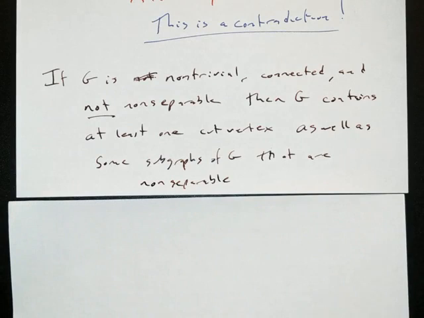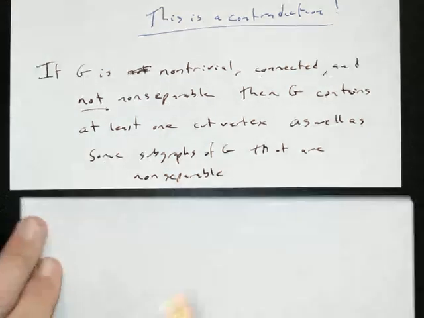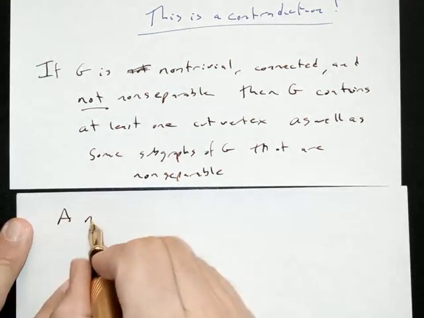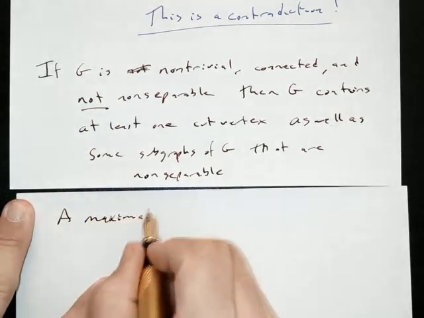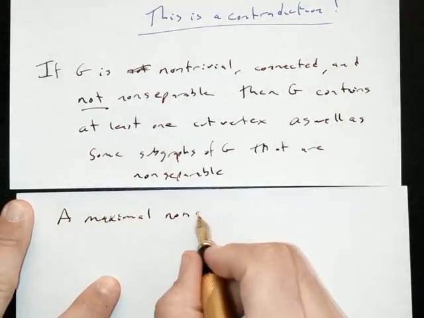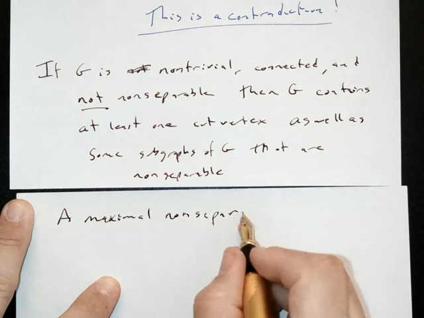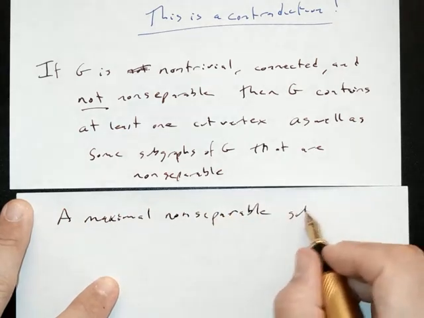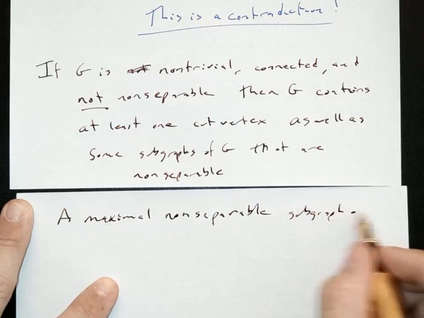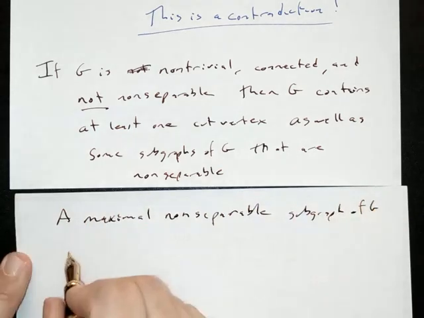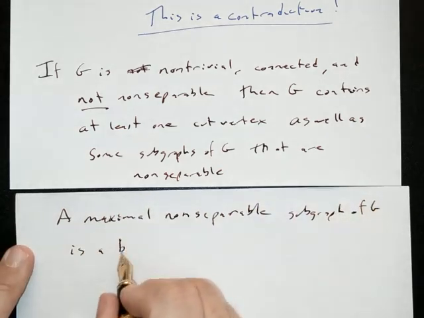So let's make one of those subgraphs and make it as big as we can. A maximal non-separable subgraph of G is a block.